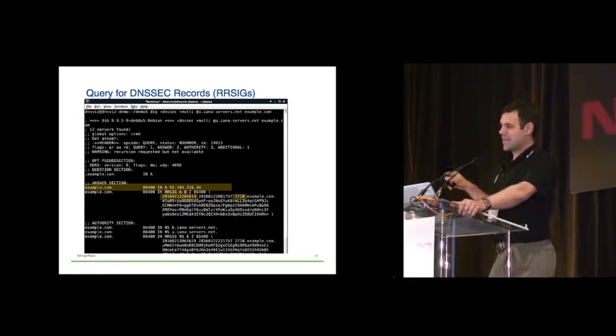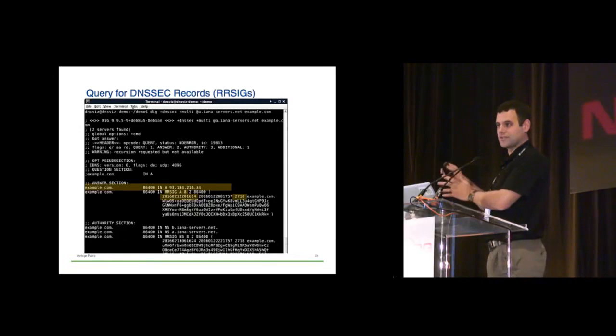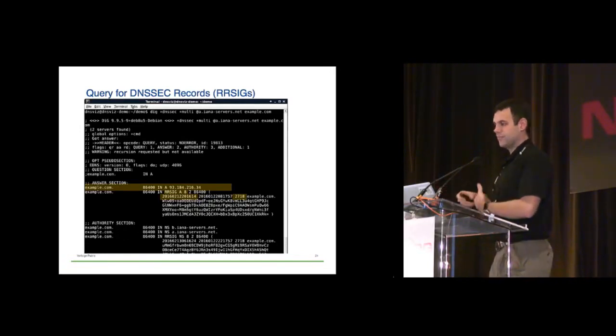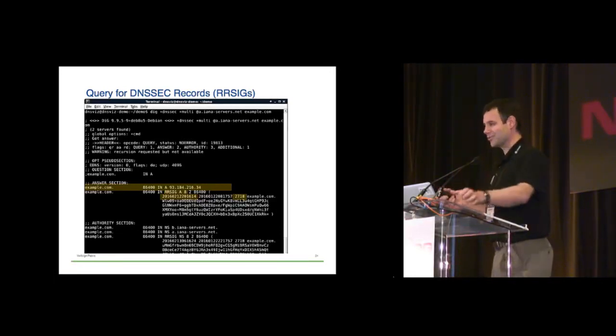Immediately after that there's an A. That means that it's signing the record of type A, so you know what it corresponds to. And the 8 that immediately follows corresponds to the cryptographic algorithm that was used to sign it. That's something to help determine which key was used, and of course which algorithm is used to check the signature.